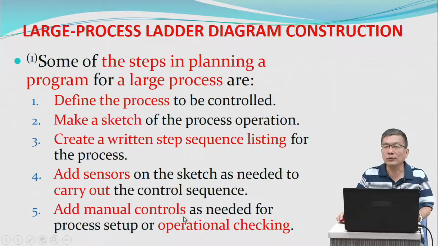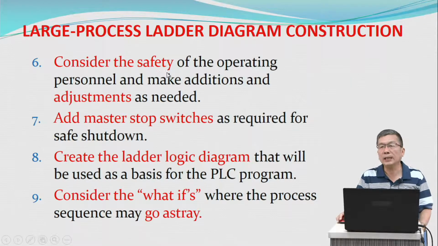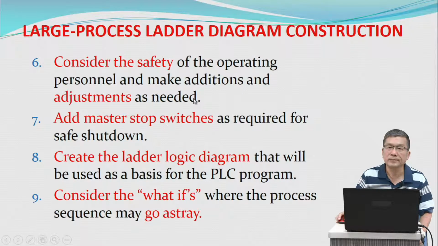Number five, add manual controls as needed for process setup or operational check-in. Number six, consider the safety of the operating personnel and make additions and adjustments as needed. Number seven, add master stop switches as required for safe shutdown.